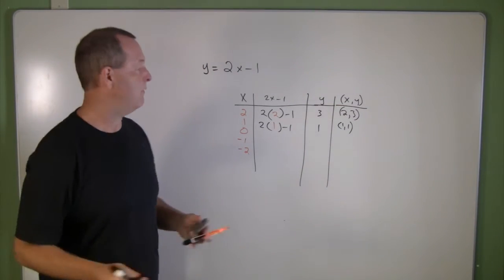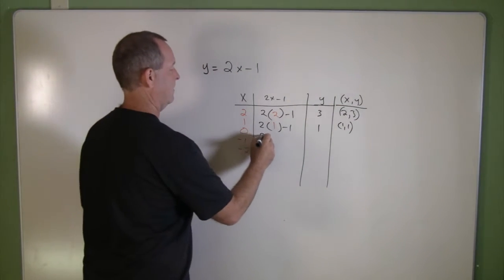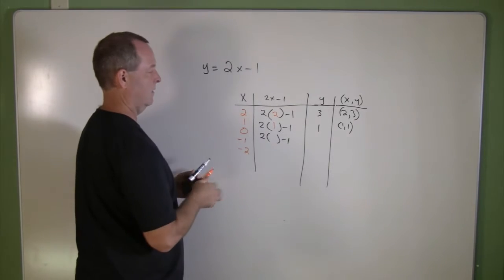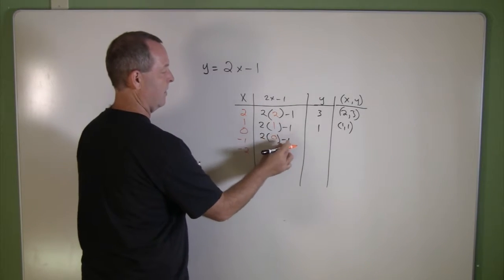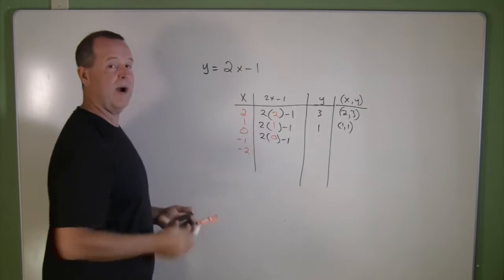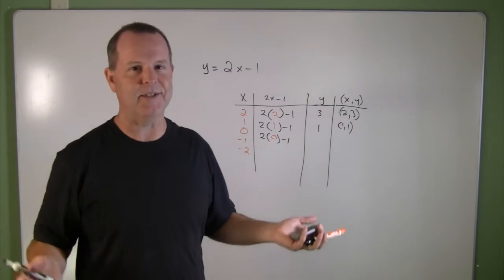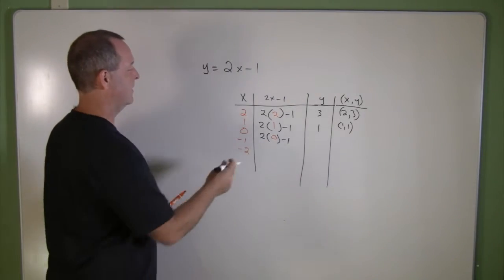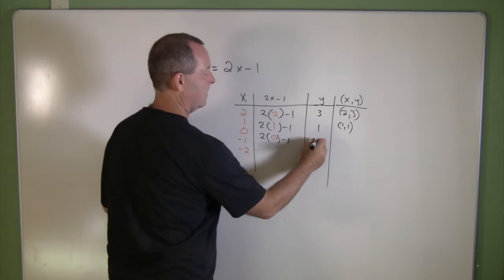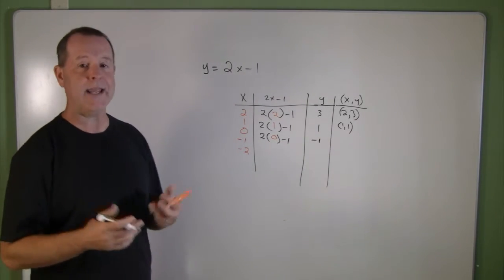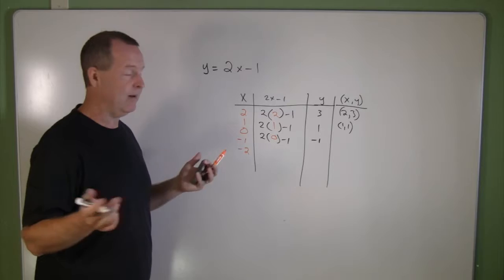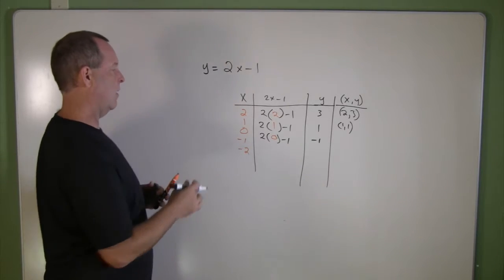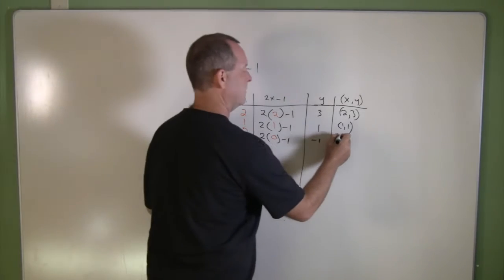Now 0, always love using 0. 2 times 0 minus 1. The reason I like to use zeros is that a lot of times it just makes everything go away. So I have 0 take away 1, which leaves me y equals -1. That's all right, I like negative ones. So I get the point (0, -1).